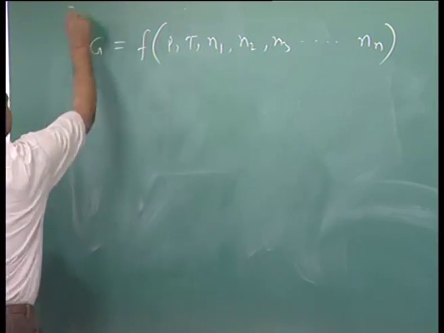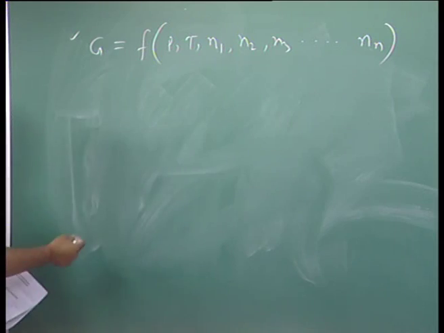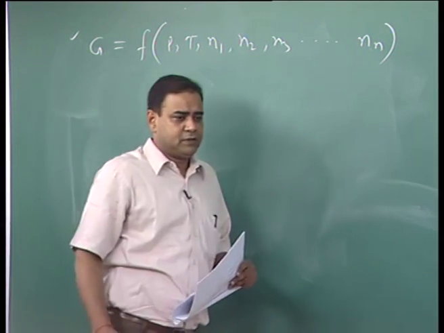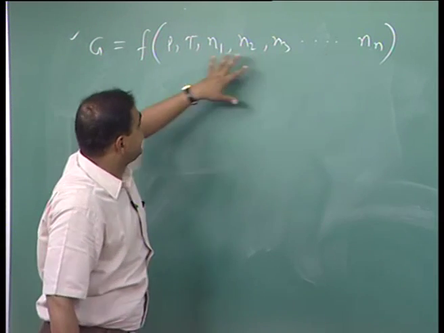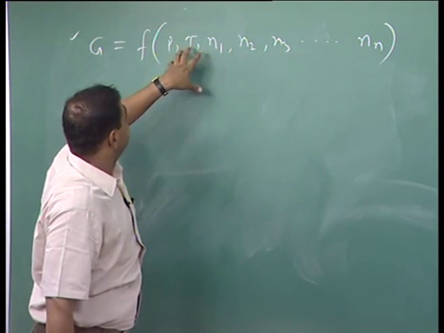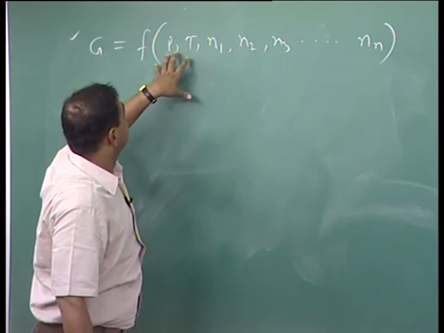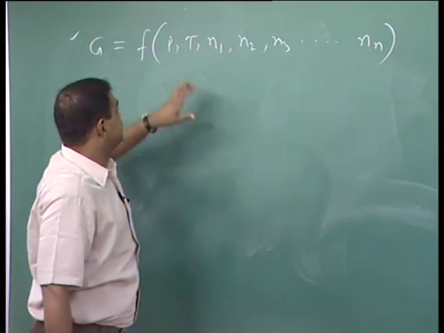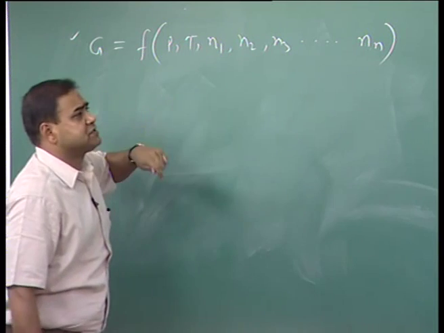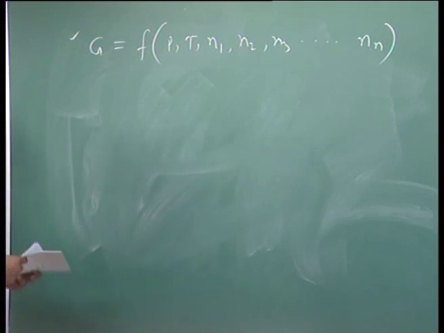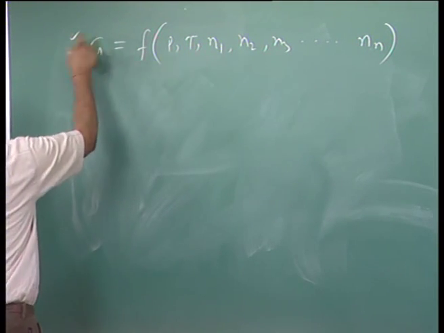Now if a small change is taking place in each of those parameters, let us say P, T, N1, N2, N3, those mole numbers are changing, what would be the change in G?